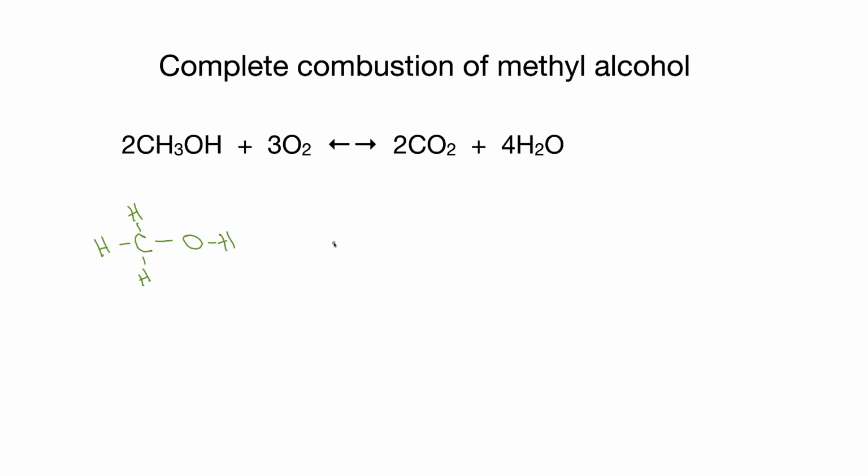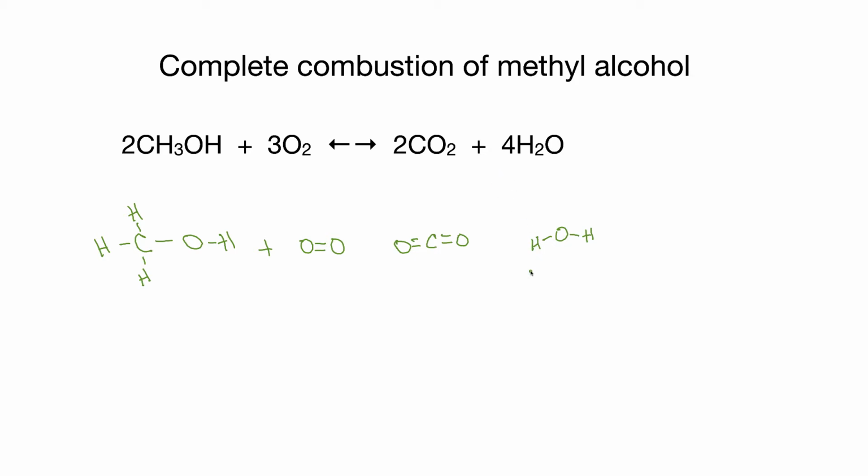And then we have O2, which is just O double bond O. And then we have CO2, that's C double bonded to 2 oxygens, and then H2O, which is just oxygen with a single bond to 2 hydrogens.